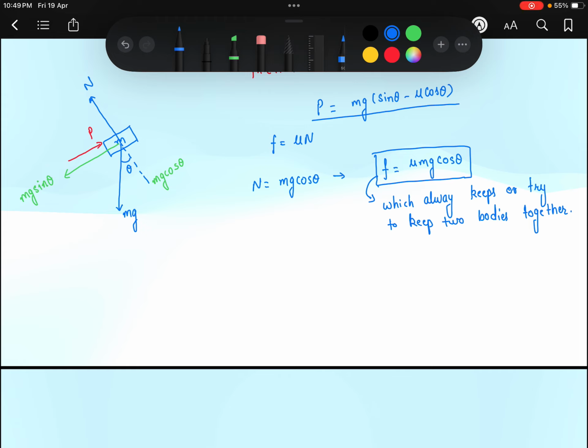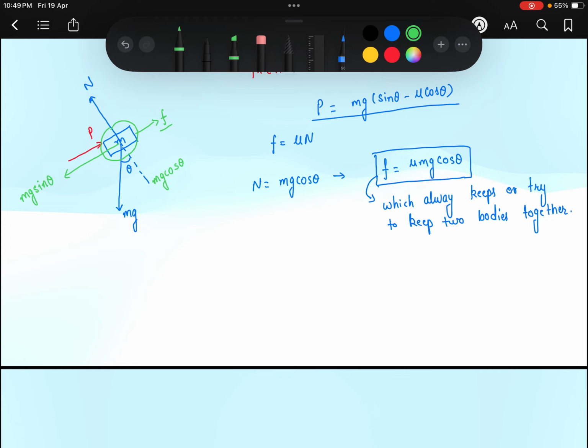So friction will be acting in a direction such that it will always try to keep this small m with this inclined plane together. So the friction will be acting in upward direction in this case. So this is the direction of frictional force here. Okay. So that the acceleration of this block of mass m will be 0.